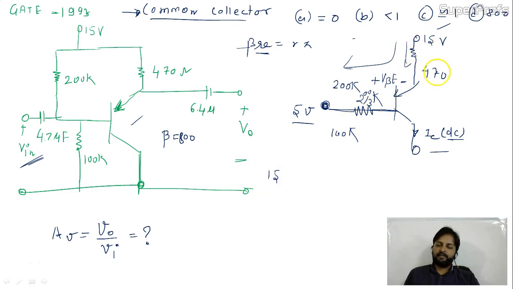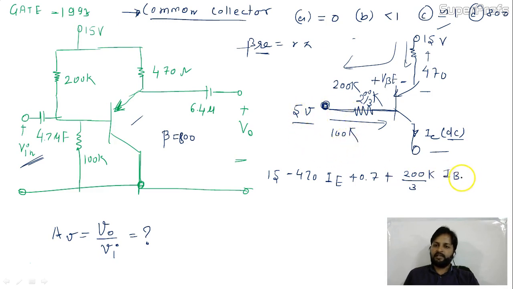So 15 minus 470 of IE. Perfectly fine. I'm coming to this, I'm getting plus 0.7 volt. And here the current IB is coming like this. Is it okay? So I'm getting positive 200 by 3K into IB. And at the end I'm getting minus 5 equal to 0.